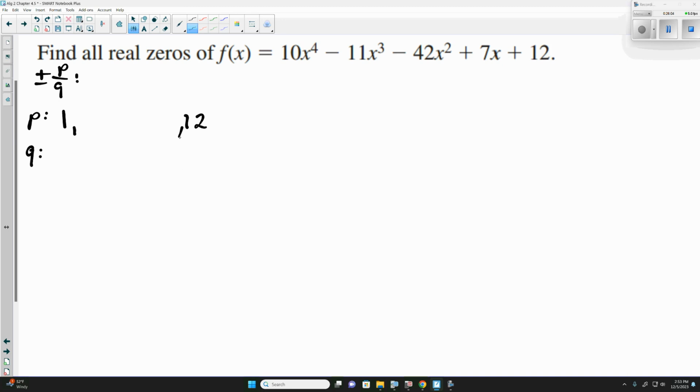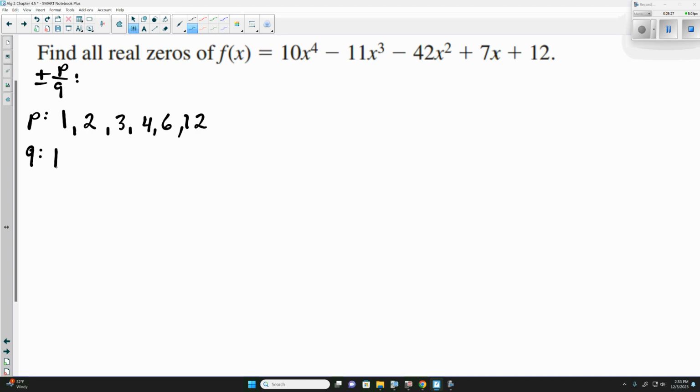So we'd have 1 and 12, 2 and 6, 3 and 4. Factors of 12. For our P, 1 and 12, 2 and 6, 3 and 4. I would write this above the problem.